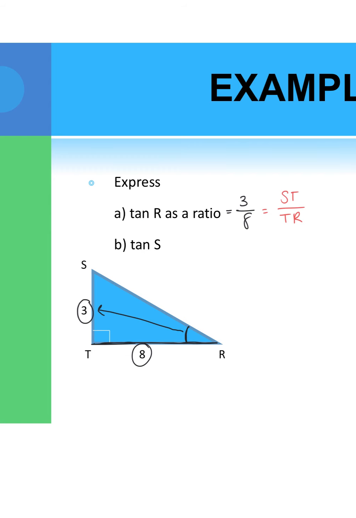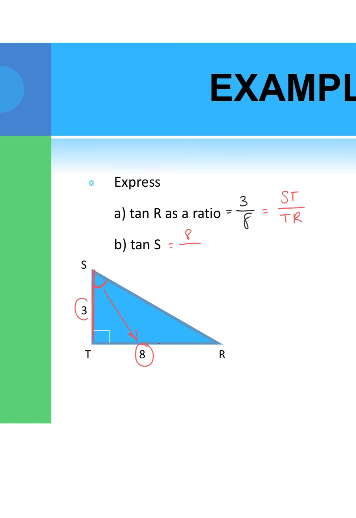Okay, let's do the tangent of S. Let me erase what we did for R. So we're going to locate angle S, which is right here. And the numerator is going to be the opposite, which is the side 8, over the adjacent leg to this angle.